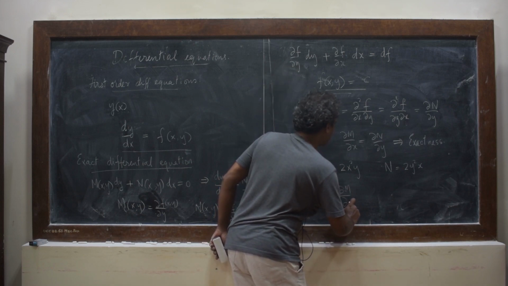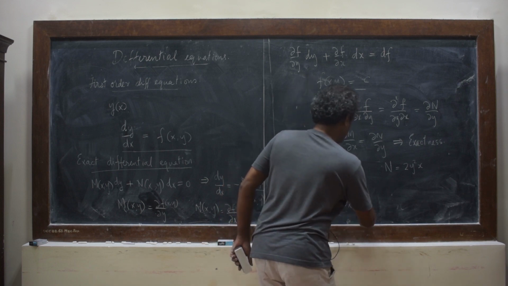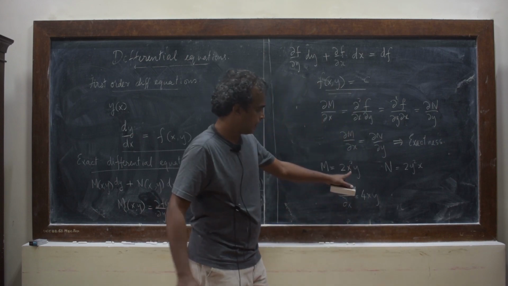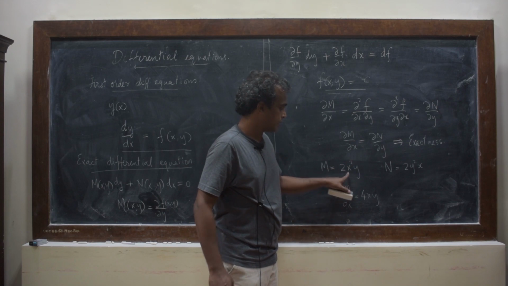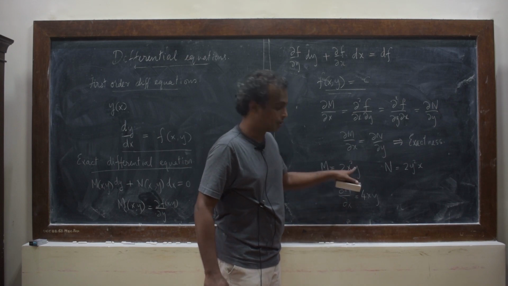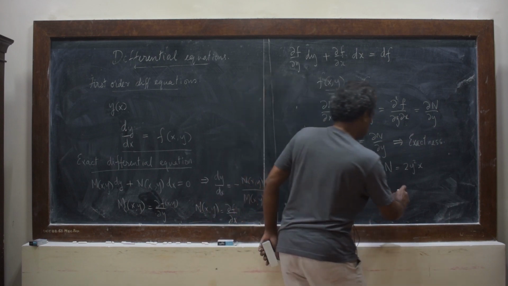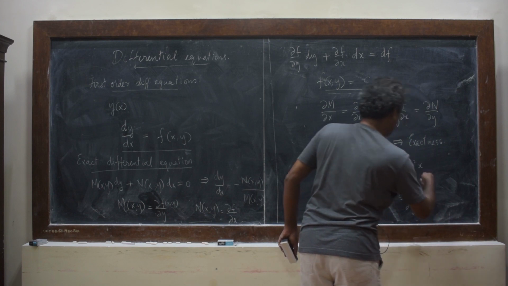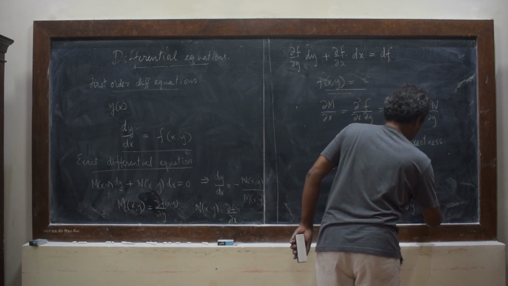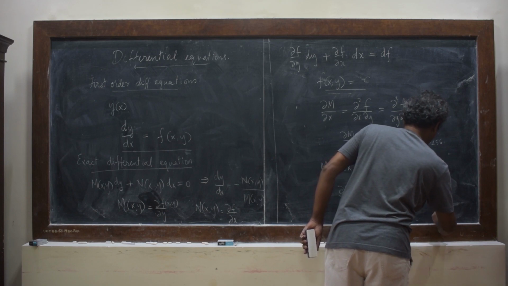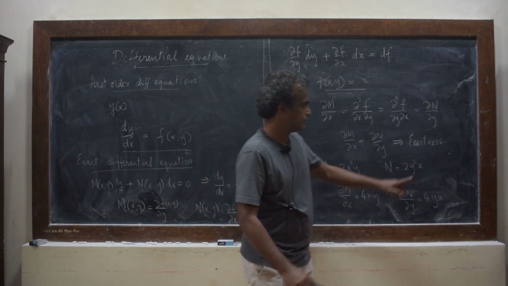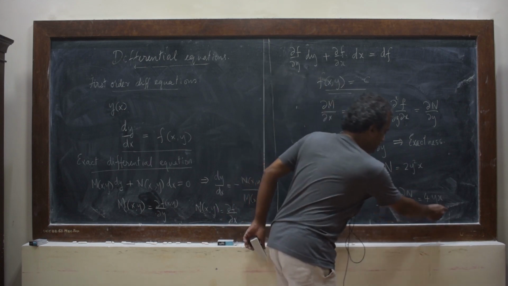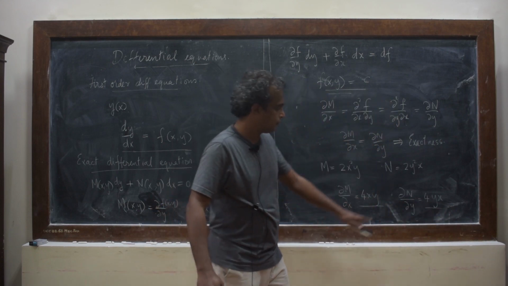del m by del x is indeed 4 times x y, where I have taken the derivative of the right hand side with respect to x by keeping y constant, while del n by del y will be 4 times y x, where I have taken the derivative of the right hand side with respect to y by keeping x constant, both resulting in the same quantity 4 times x y.